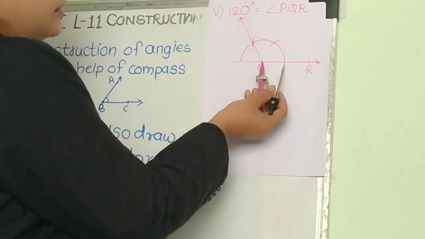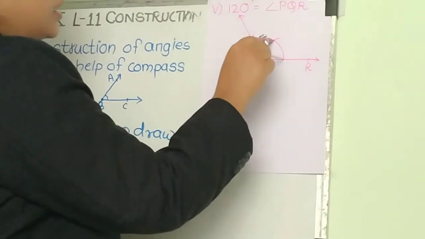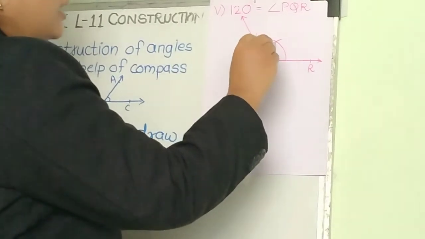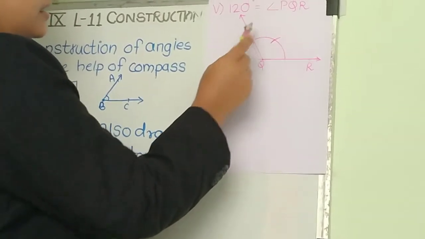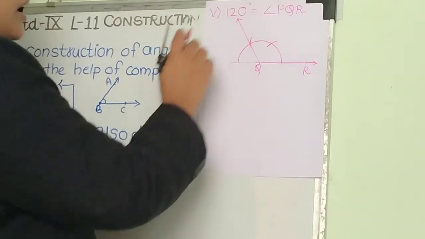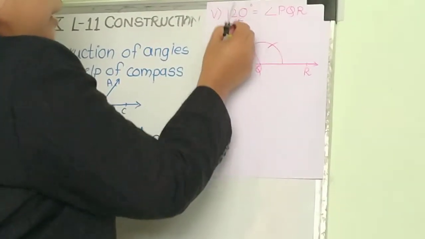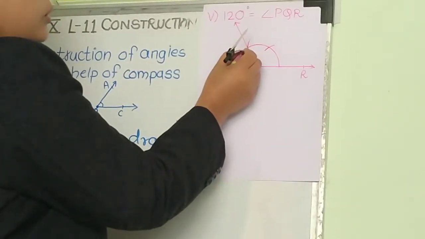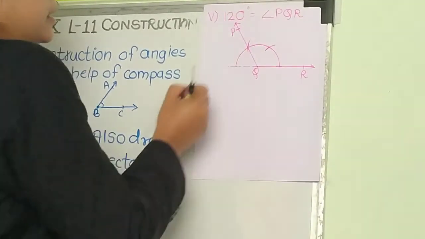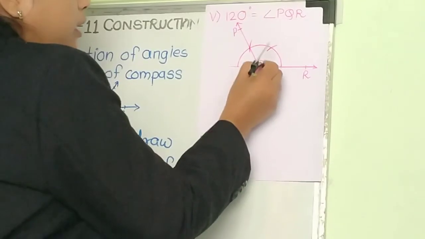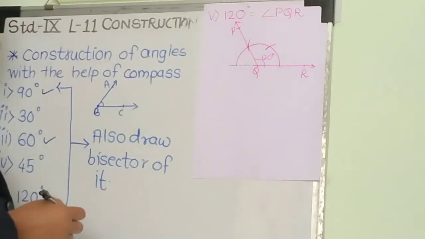With this fixed length we mark the arcs on this semicircle. The first arc is of 60 degrees and the second arc is of 120 degrees, and we require 120 degrees. So we draw the ray directly passing through this arc, and here we write the name P. So PQR is of 120 degrees. It is our required angle.